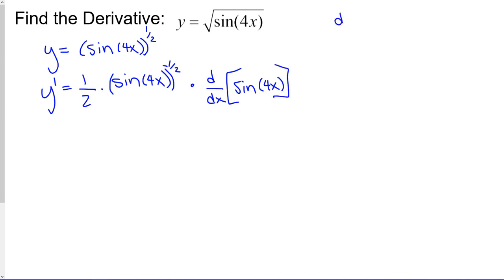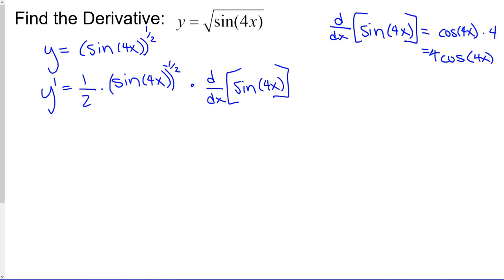Our derivative of sine of 4x is going to be cosine of 4x times 4, which gives us 4 cosine of 4x.